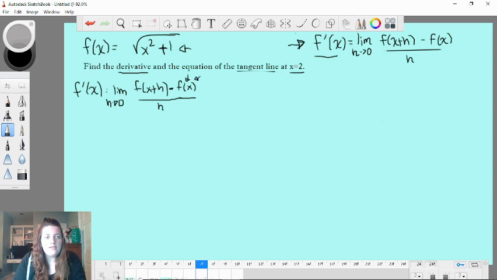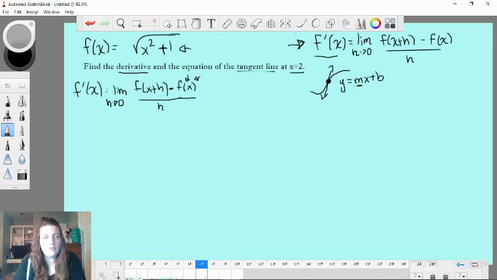So I rewrote it here just so we can work along it. It's telling us to find the derivative, which uses this formula, and the equation of the tangent line at x equals 2. Tangent line is, just remember, a line going through that point that will give us the slope. A line has the equation y equals mx plus b, which at this point you should be rather familiar with.